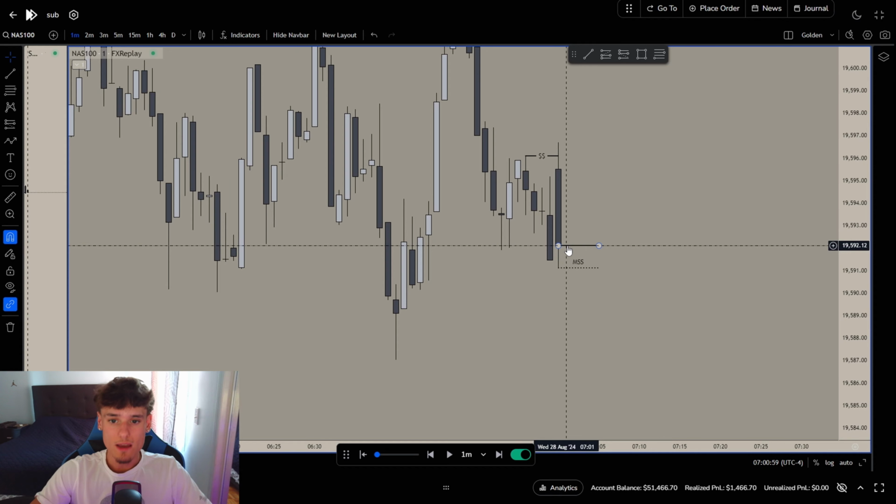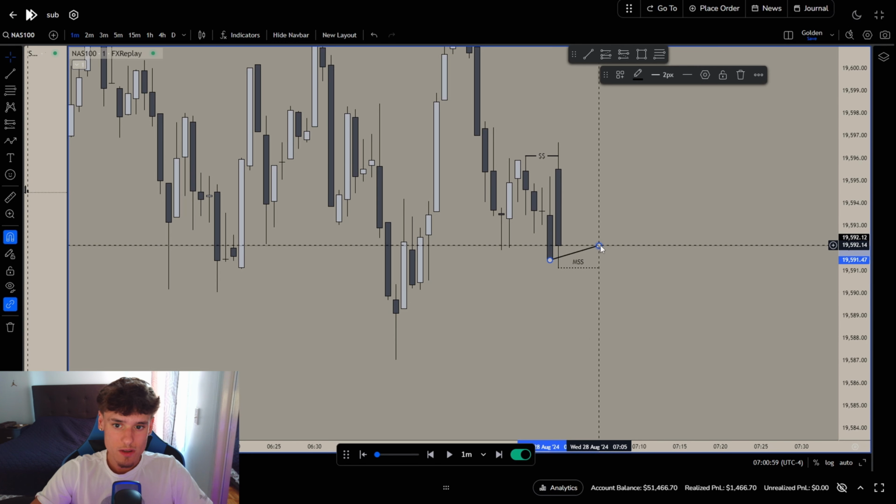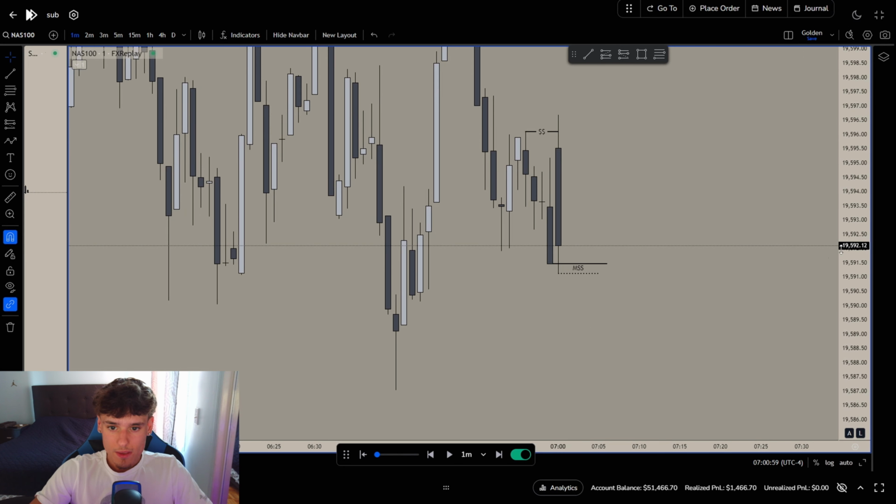Well, a change of state of delivery goes right below the last candle, which would actually be right here. My apologies. The last push to make the new high, right below the body close. Market structure shifts go on the last low of the candle, the wick close.